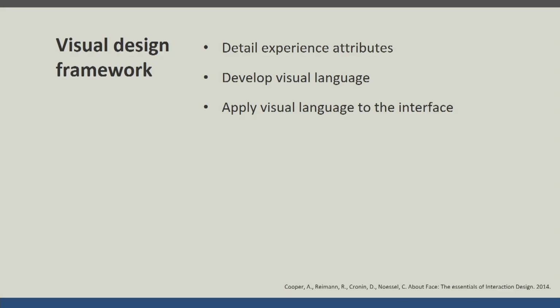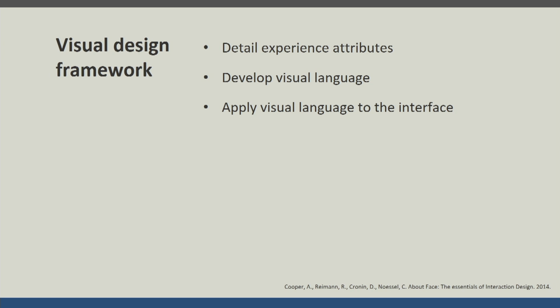A visual designer is responsible for detailing the experience attributes, and once those are detailed, it is his responsibility to move on to the next step, which is developing the visual language. And once he has developed the visual language, he has to apply that visual language onto the already existing interaction framework or layouts of different screens of that interactive product.